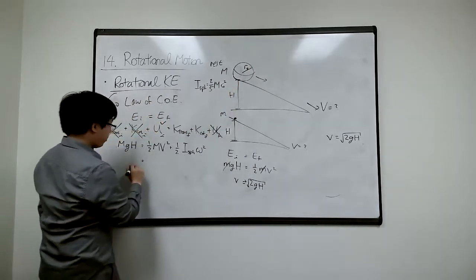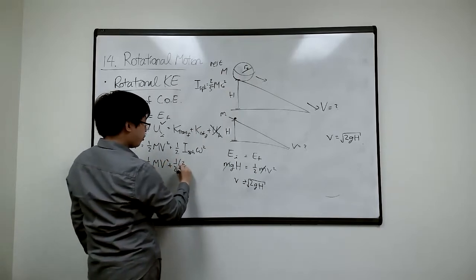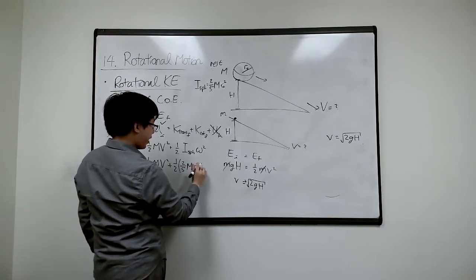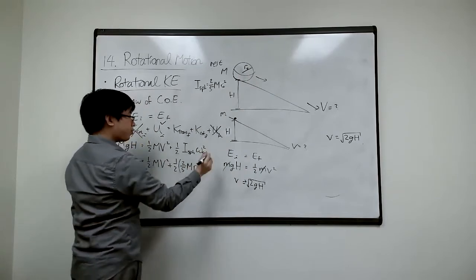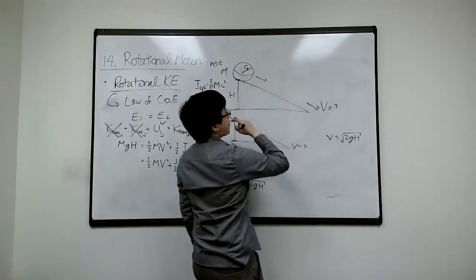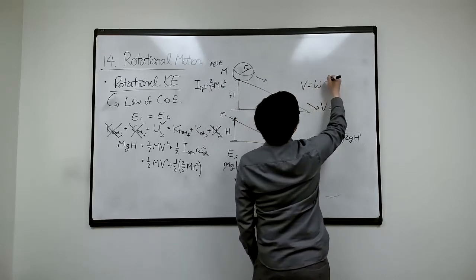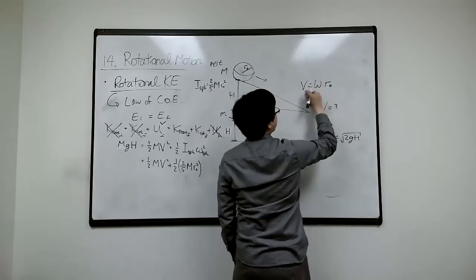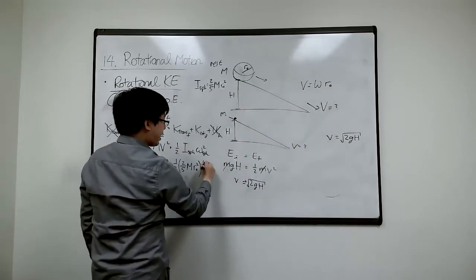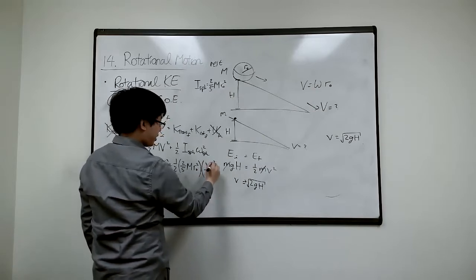So what do we have? 1/2 M V squared plus 1/2 times 2/5 capital M r0 squared times omega squared. What's omega of the sphere? What's the angular speed? I don't know, but I can relate it to the linear one: omega is capital V over r0, all squared.